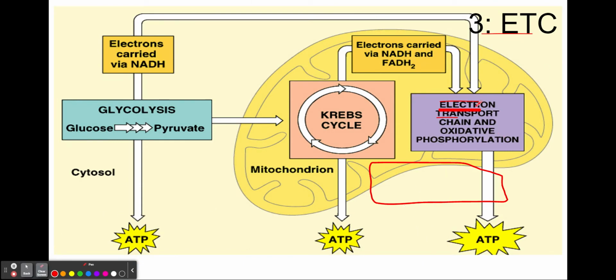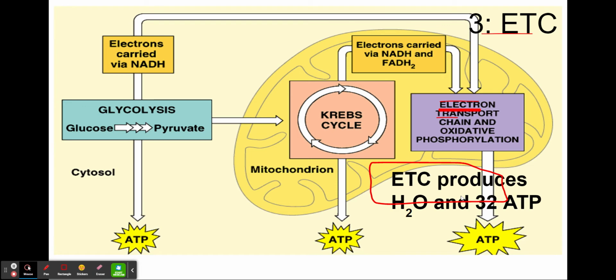The electron transport chain is the final aerobic step and is basically your main producer of things. It moves electrons up and down, producing energy, which is obviously ATP. The electron transport chain produces water and 32 ATP. Like I said, it's the main producer.